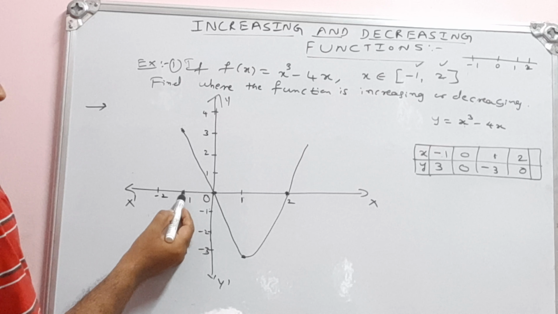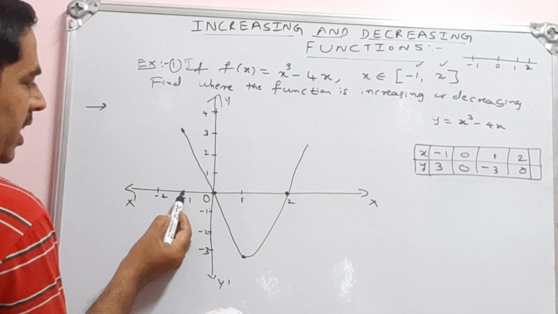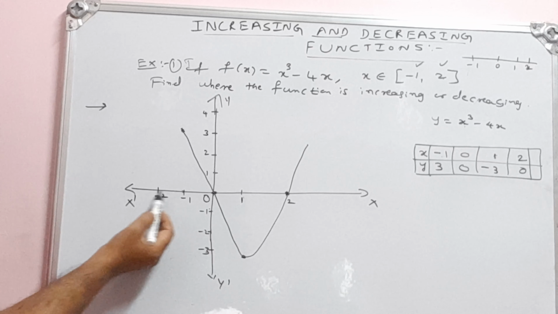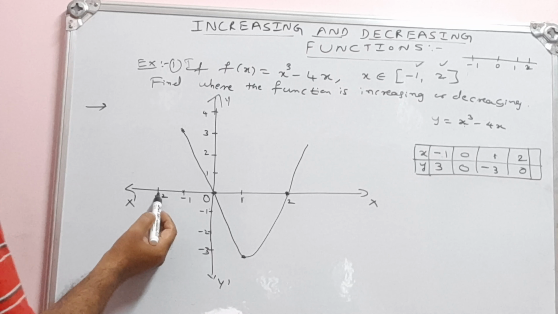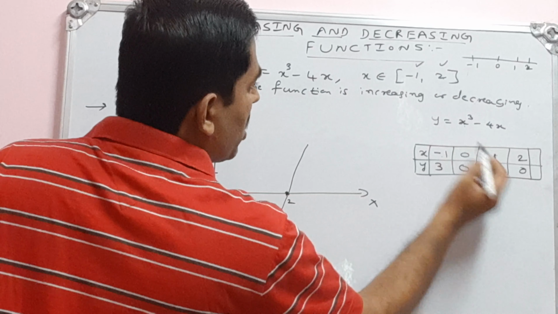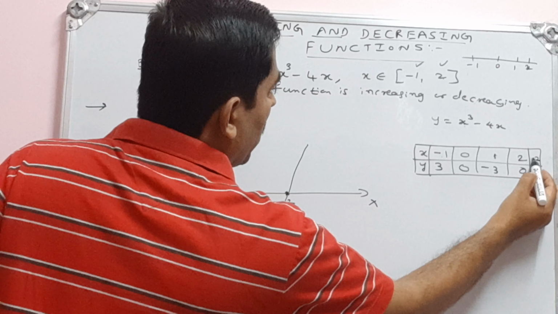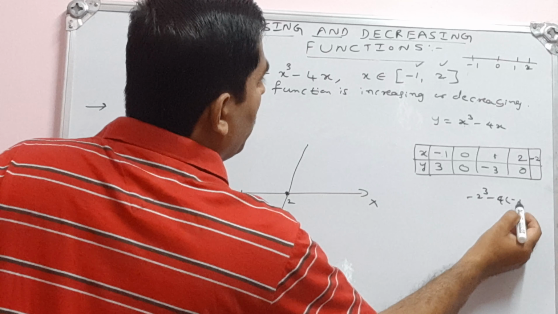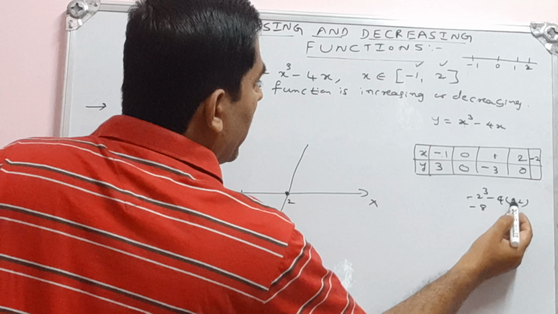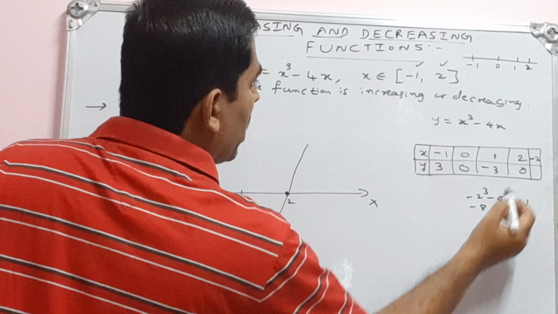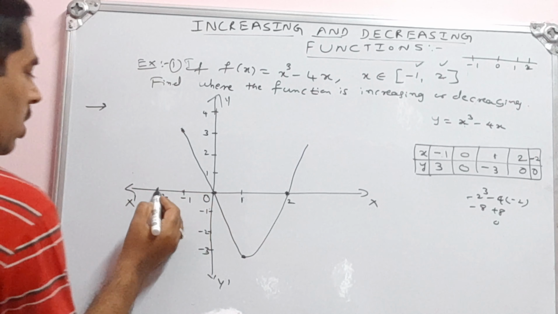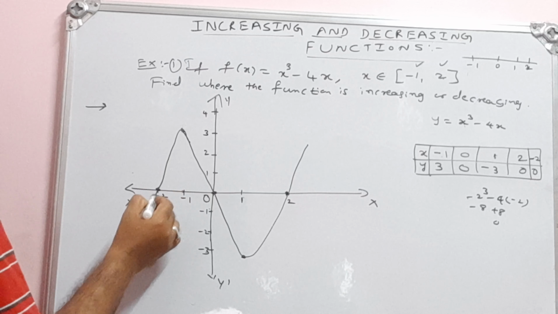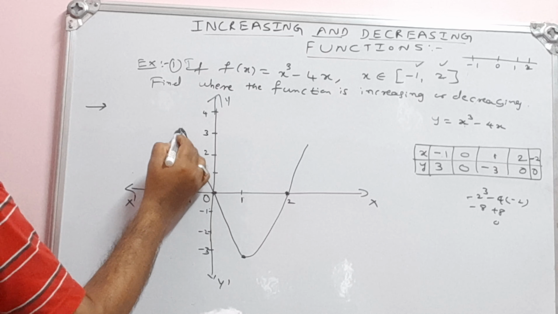I have started the interval from minus 1, but you can move to the left side of minus 1 also. If I give minus 2, what happens? Minus 2 whole cube minus 4 into minus 2 is minus 8 plus 8, that is 0. So that point minus 2, 0 will be here, and I can join this.